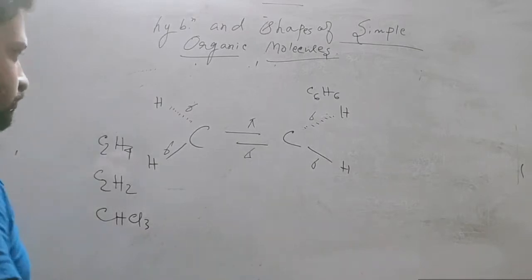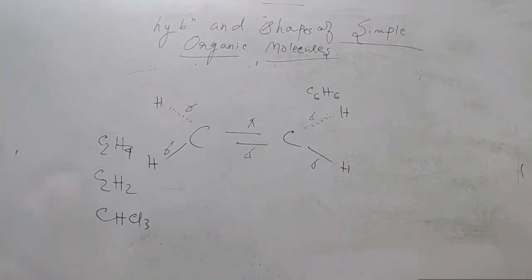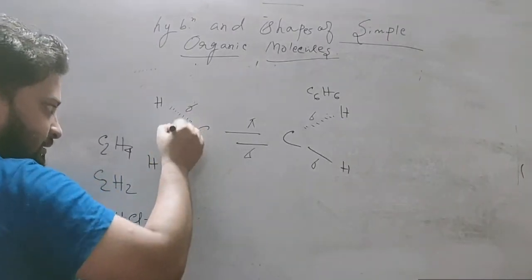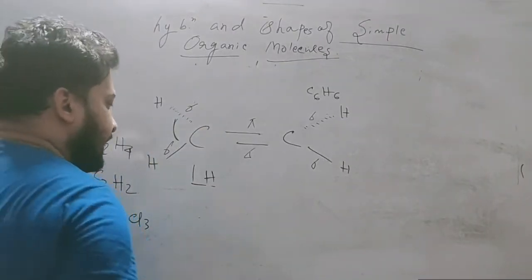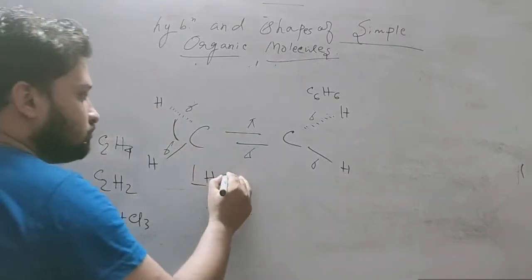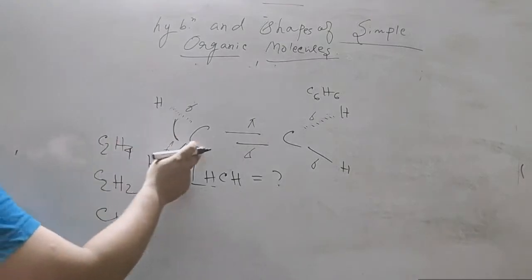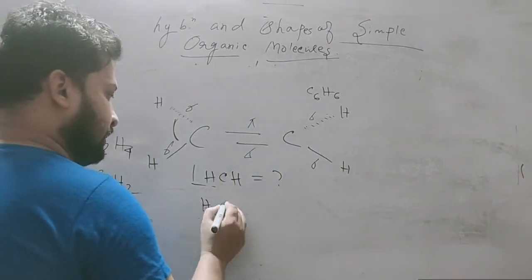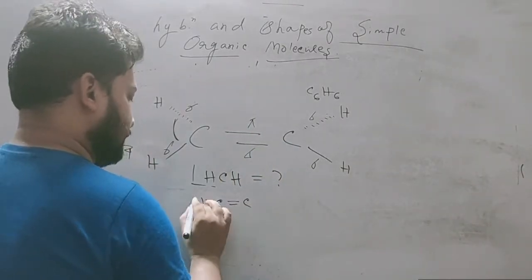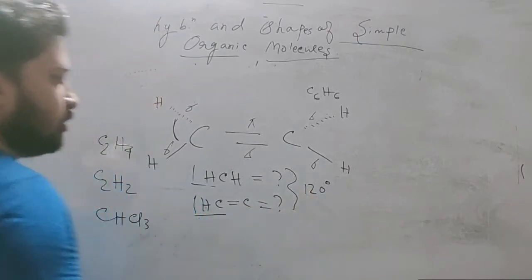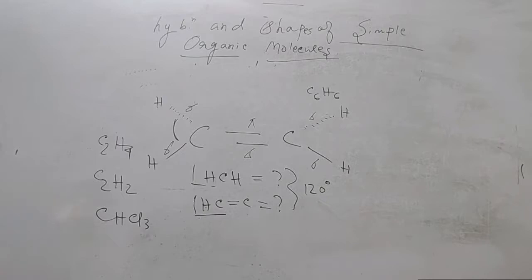The bond angle, the angle of HCH and the angle of H-C double bond C, both are 120 degree.